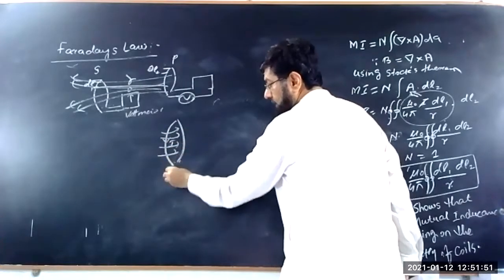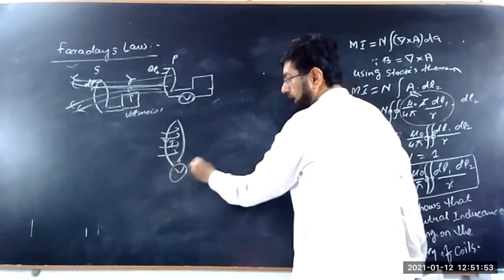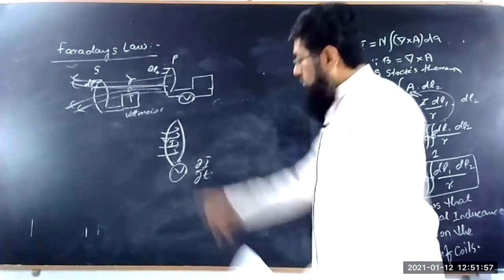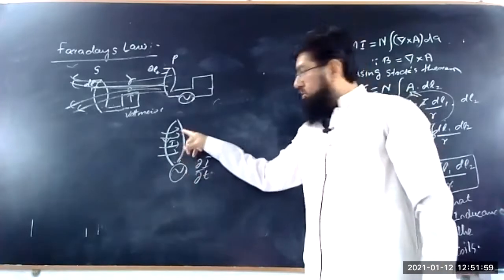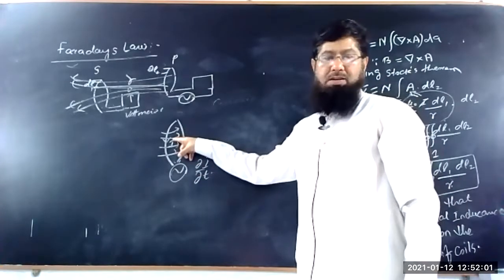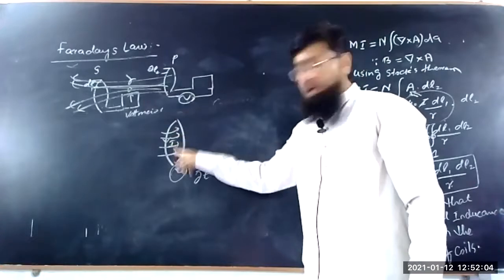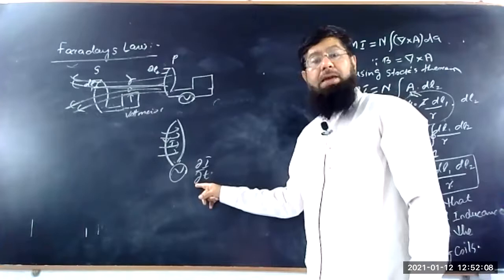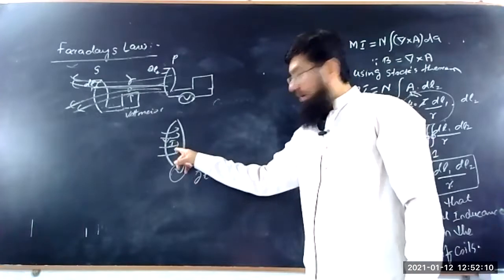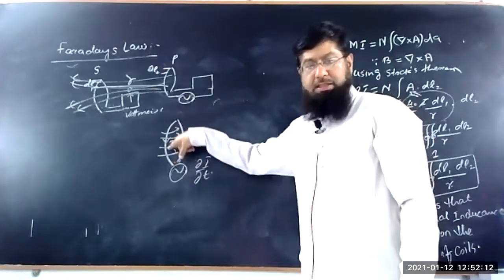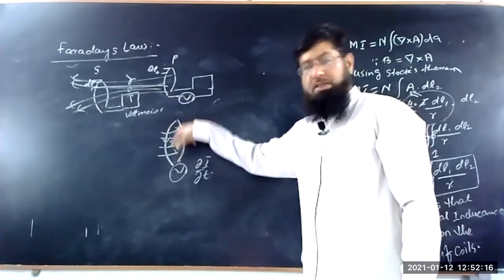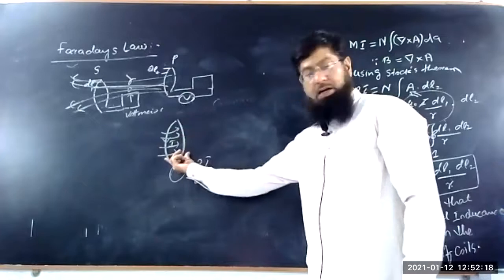If the current is AC current and di over dt is flowing through the same coil, it produces an EMF in the same coil. And that EMF is opposite to the current, or we call it a back EMF. It means the EMF which is produced in the same coil, because the same magnetic flux is passing through the same coil.